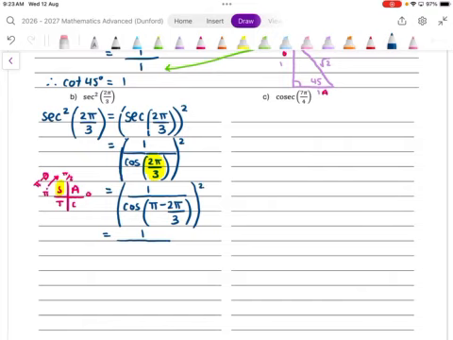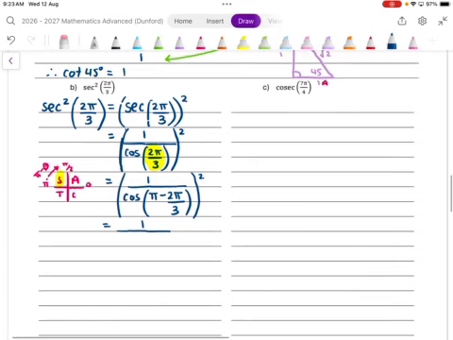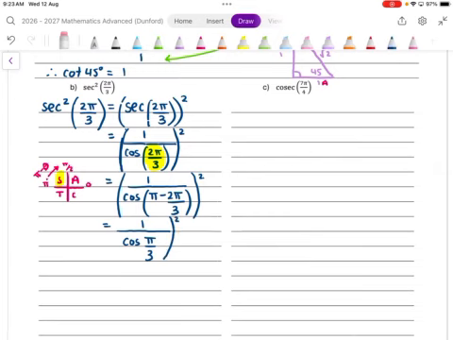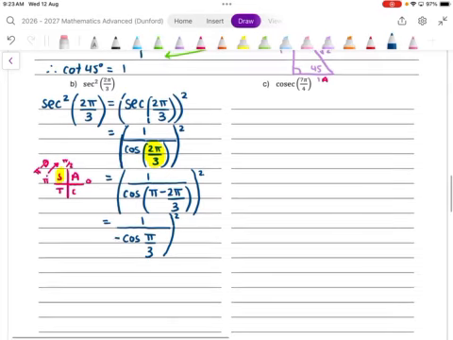So we're going to have cos of pi on 3. Now, which quadrant are we in? We're in our S quadrant. Is cos positive or negative in our S quadrant? It's negative. So we need to put a negative in front of our cos there.